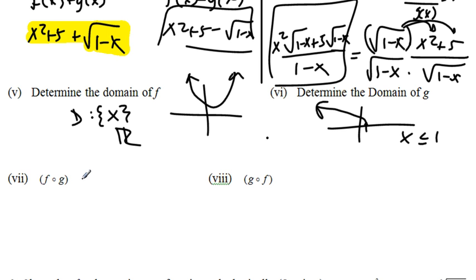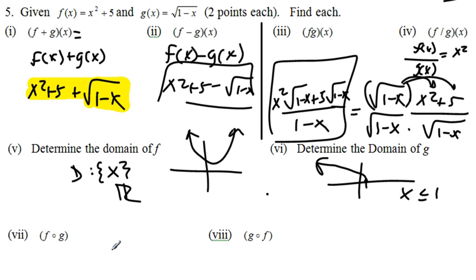f of g and g of f. So if I do f of g, I could put the x right there. So this means f of g of x. That means I take my function f, there it is right here, and I do something squared plus 5.